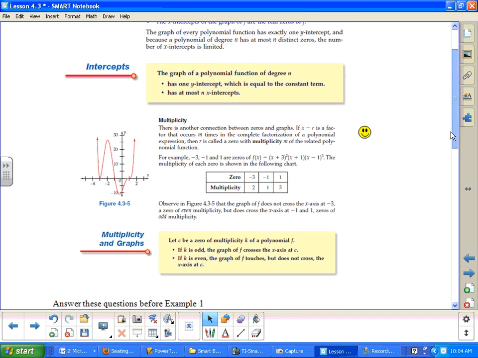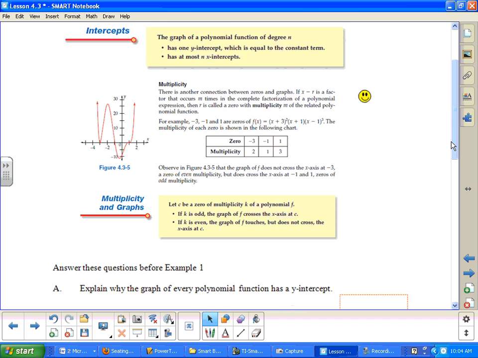All right, and a little reminder about something we talked about before was multiplicity. Multiplicity depends upon the degree of the factor of the polynomial. So for instance, in this example right here, they have x plus 3 squared, x plus 1, and x minus 1 cubed.